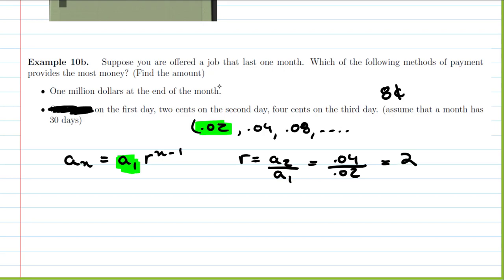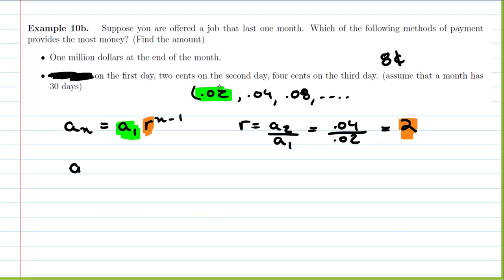So that's going to be our r value. So we put that in, and that gives us a sub n equals 0.02 times 2 raised to the n minus 1.